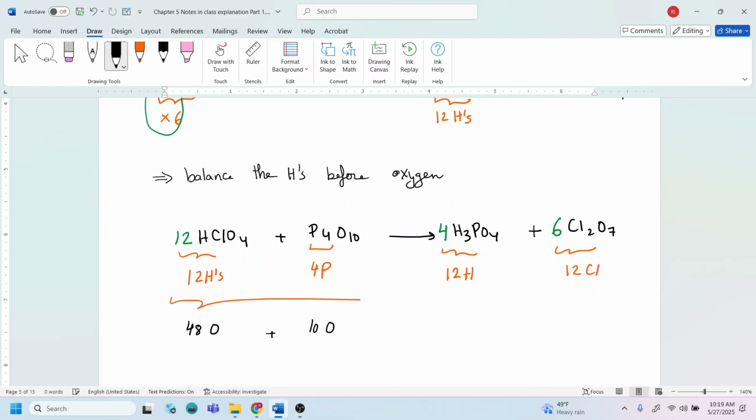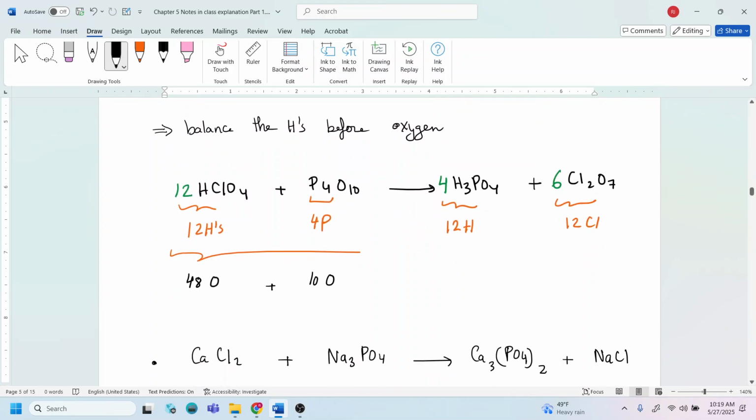You add those to each other. This is the total number of oxygens in the reactants. And then you look at the products and you see, okay, I have 16 oxygens in the product and 42 oxygens in the reactants. So the number of oxygens is the same: 58 oxygens here, 58 oxygens there. So the oxygen is balanced.